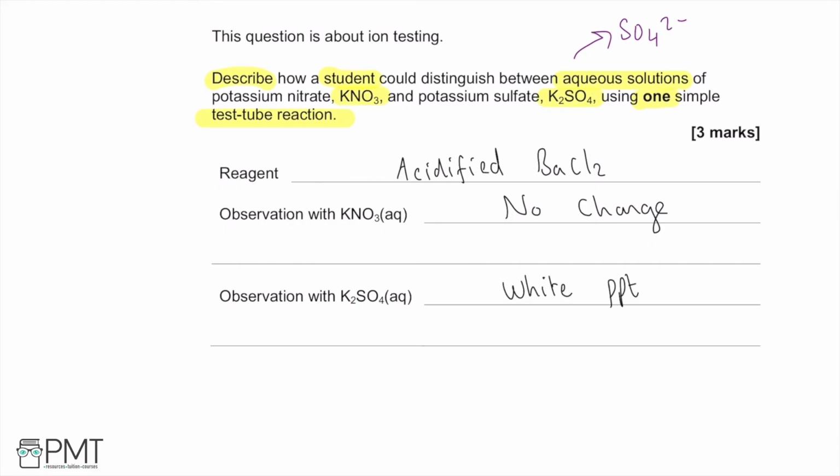And for extra information, there is an ionic equation, which is Ba2+(aq) + SO4 2-(aq) goes to BaSO4(s). And that gets us the 3 marks.